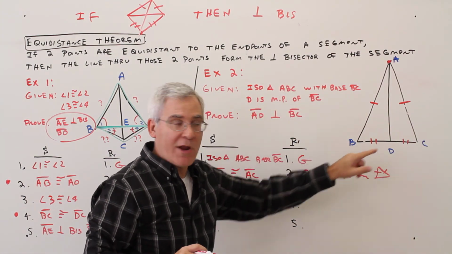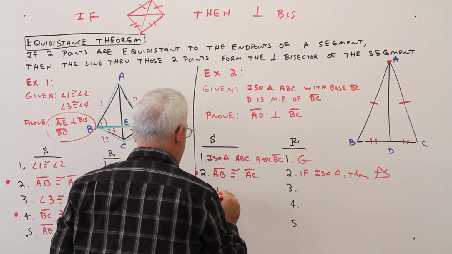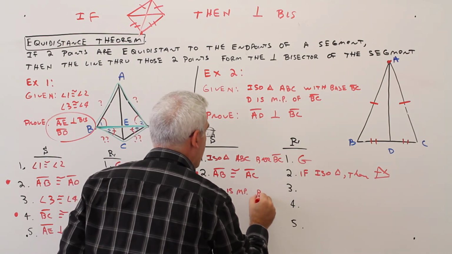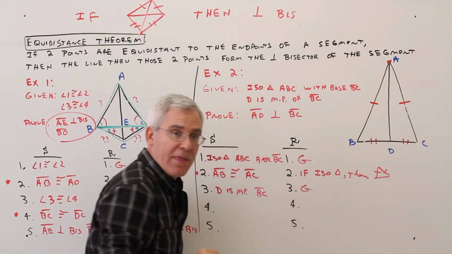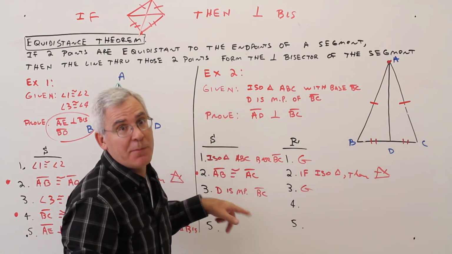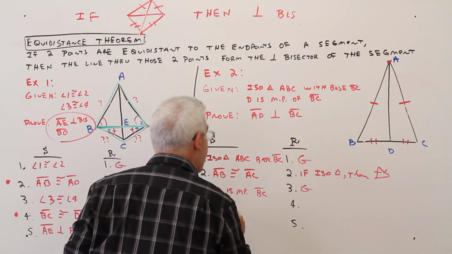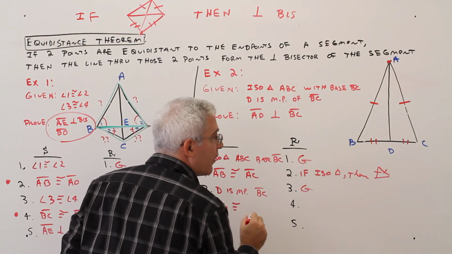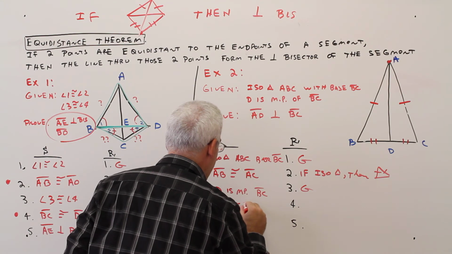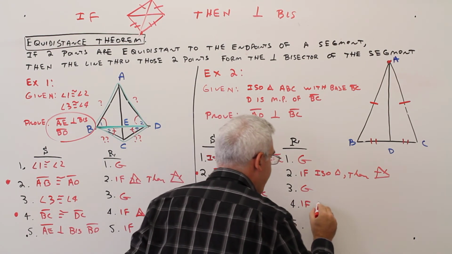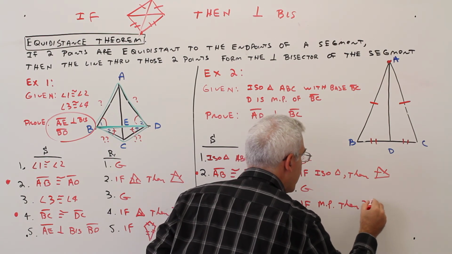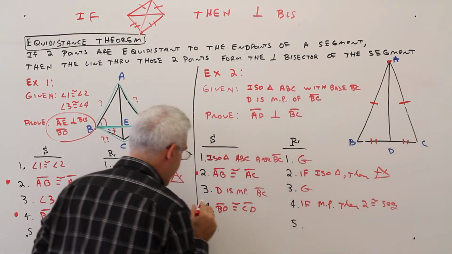Now let's see if I can get point D. D is midpoint of BC. That was given. Definition of midpoint, two congruent segments. So BD is congruent to CD, if midpoint, then two congruent segments.